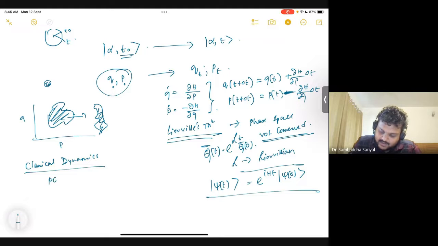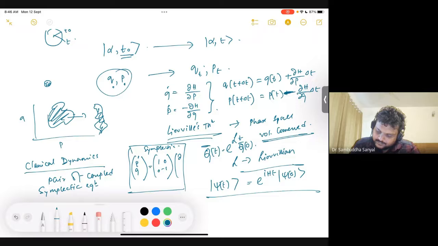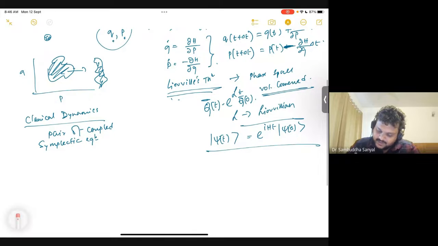So classical dynamics is basically a pair of coupled symplectic equations. Let me explain quickly the meaning of the word symplectic. You can write p dot and q dot in a matrix form.